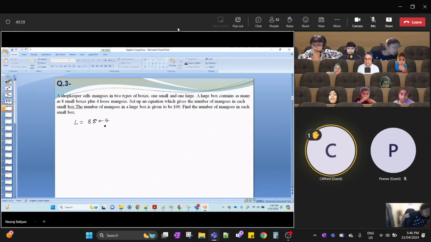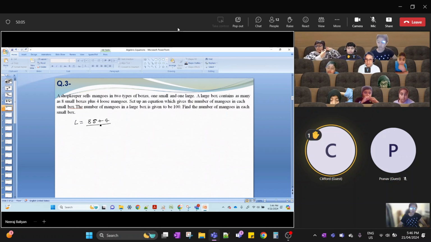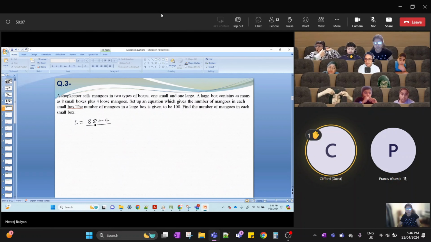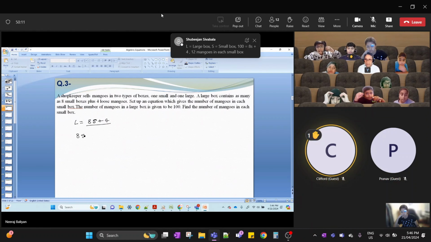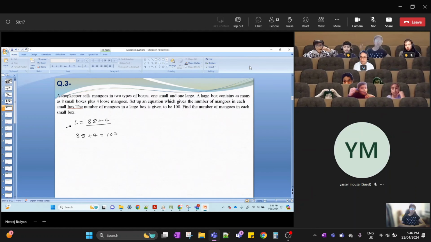So L is given to us, Abhi. How much is it given? First of all, let's move this to the left hand side because this is the variable you are going to find, right? So 8S plus 4 is equal to 100. This is the value given to us, right?